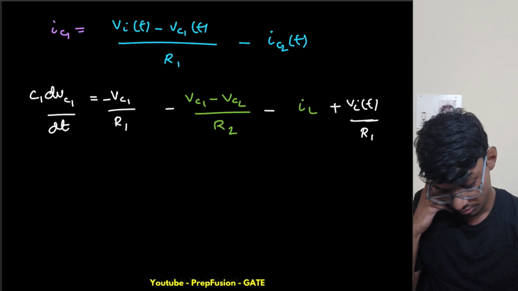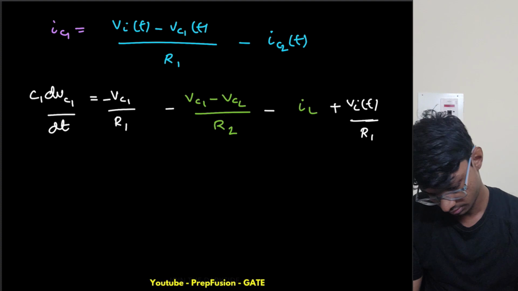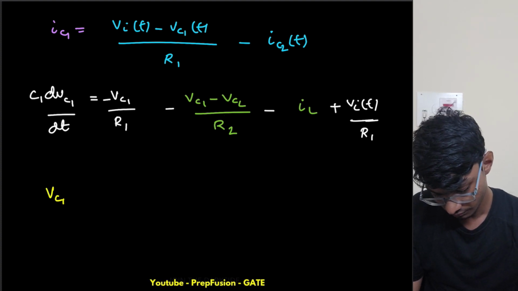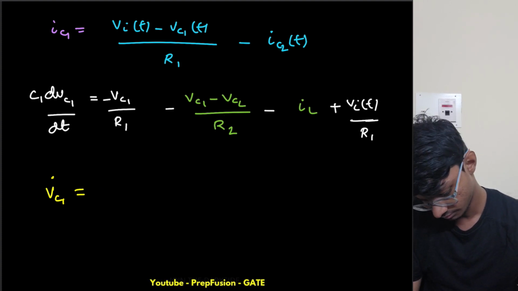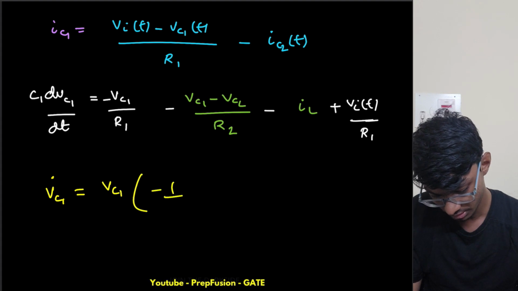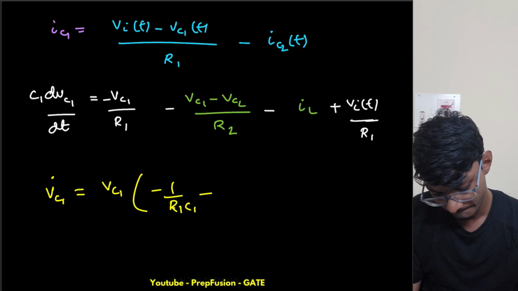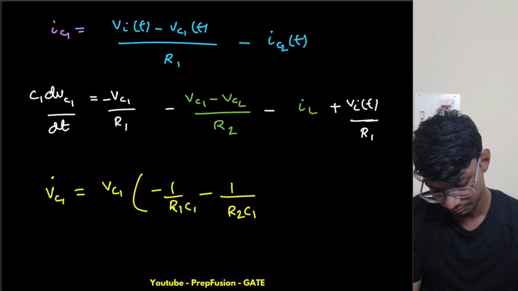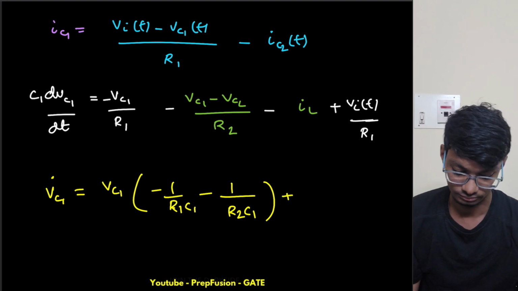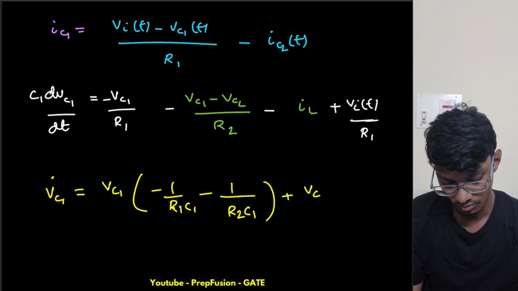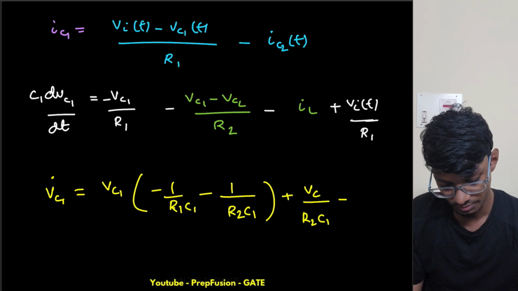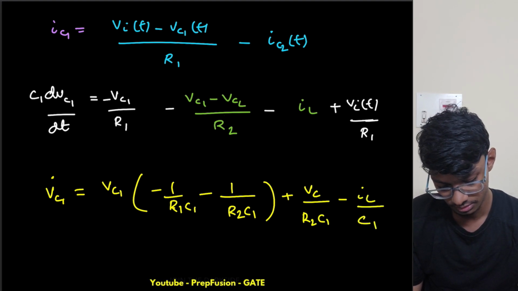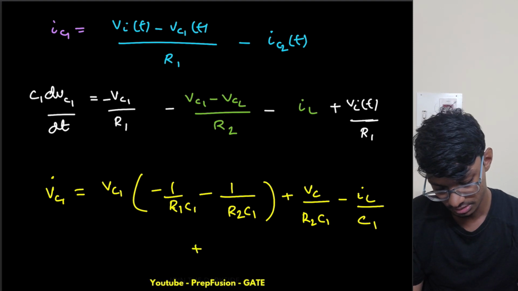So Vc1 dot equals, simply I will take Vc1 common here. This is minus R1 by C1 and minus 1 by R2 C1, plus Vc2 by R2 C1 minus IL by C1. And this is Vi of t by R1 C1 basically.